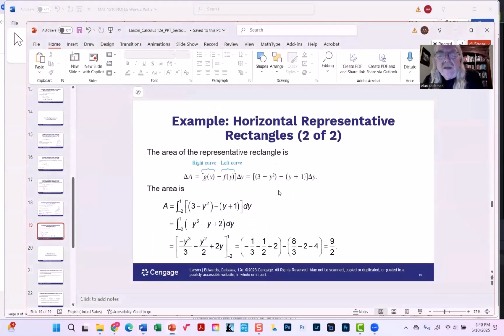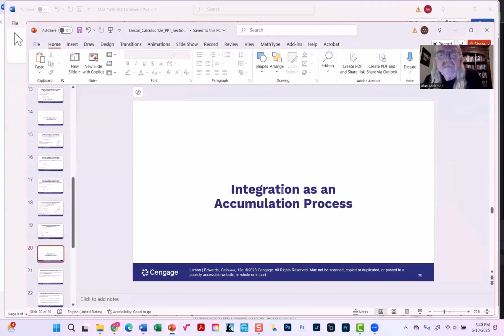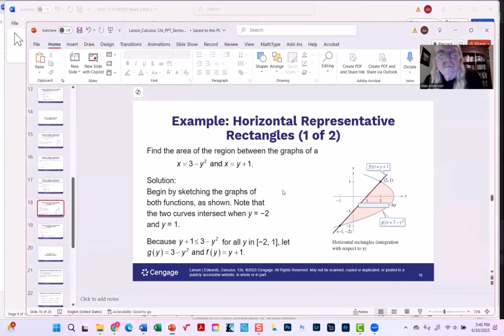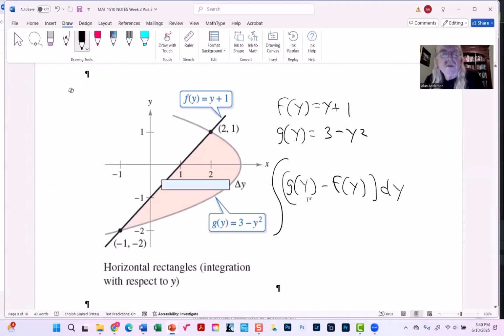Good question. You can see where they cross. They've already told us where they are. The 2 points where they cross are -1, -2, and 1. But remember, everything is being done with respect to y.